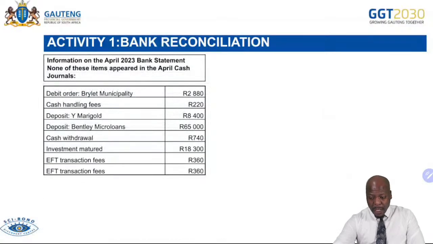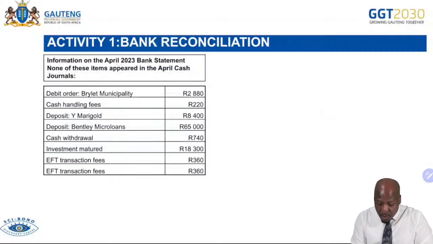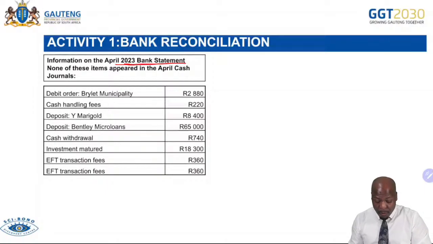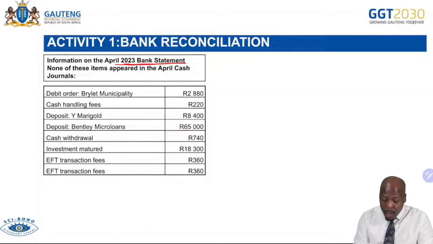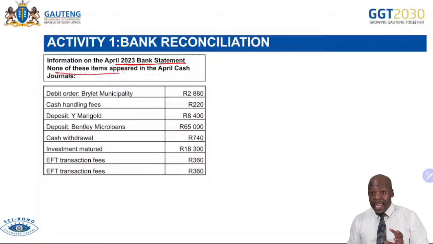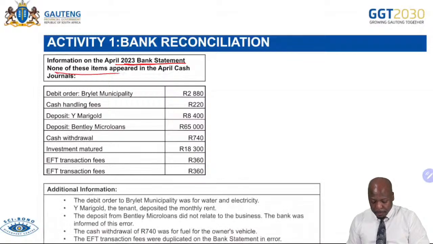On the next one, what we are given is information on the April 2023 bank statement. And they say none of these items appeared in the cash journals. Okay, let's see.